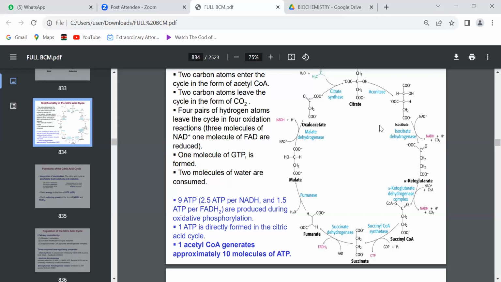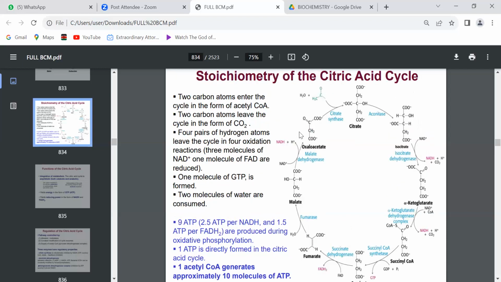So there are three enzymes in this process that are involved in regulation. One, citrate synthase, is inhibited by NADH, ATP, succinyl-CoA, and of course citrate, the product of the reaction.